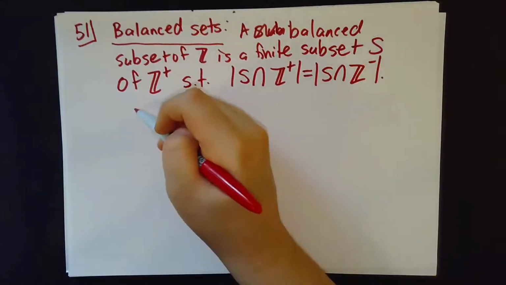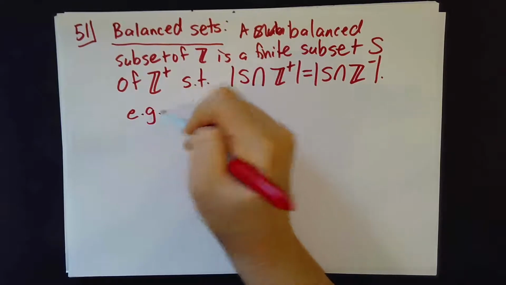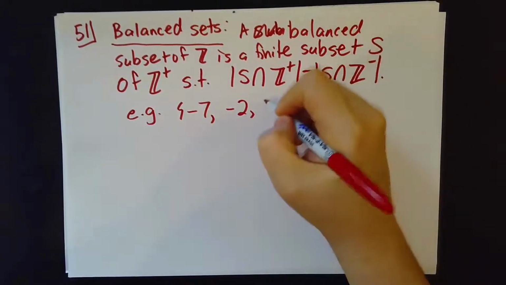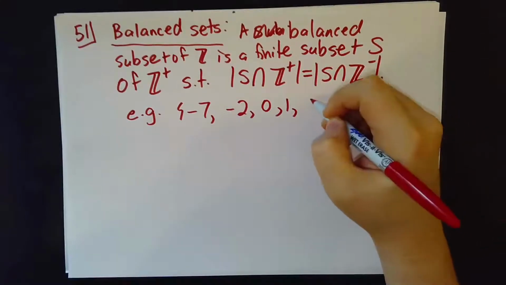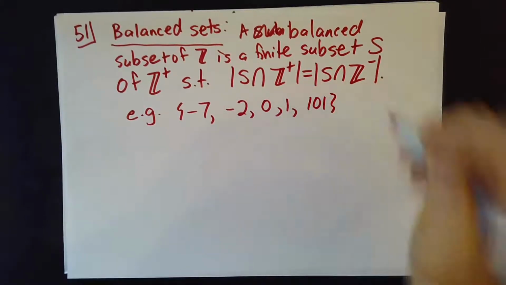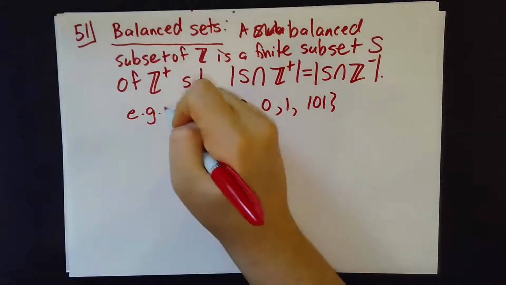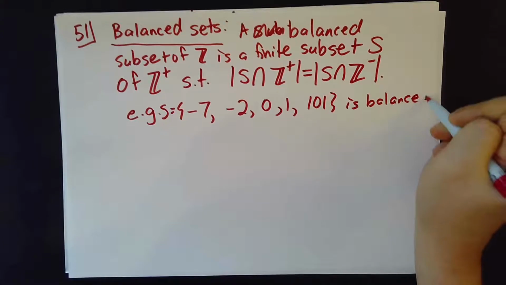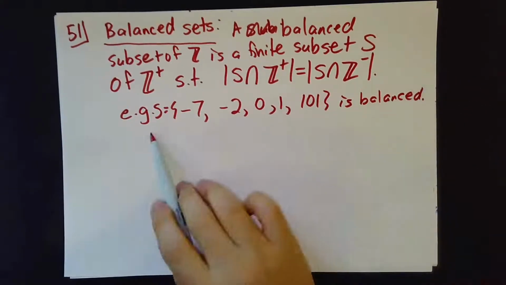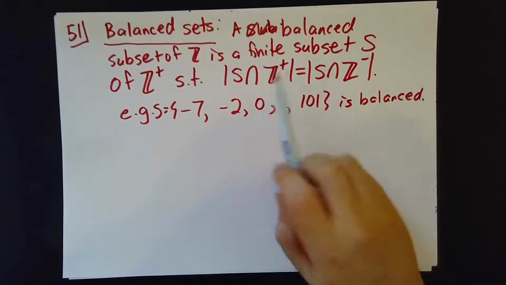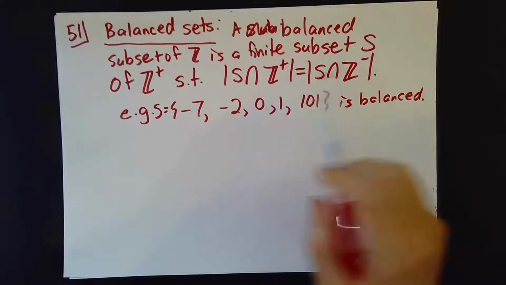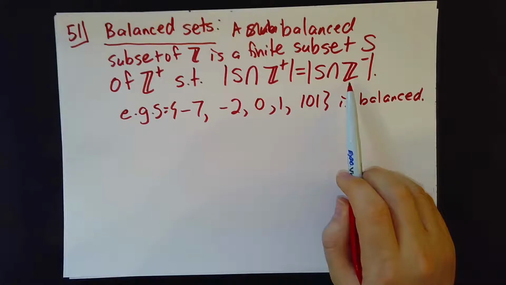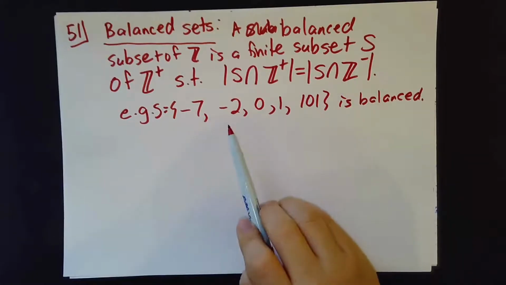So, for example, this is definitely balanced. Because for this set, the positive intersection gives me 1 and 101. And the negative intersection gives me -7 and -2.